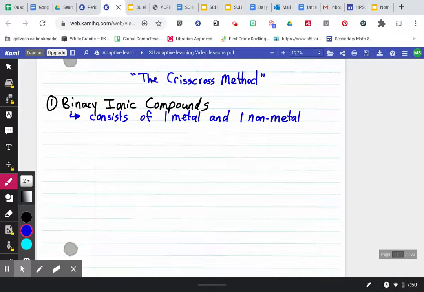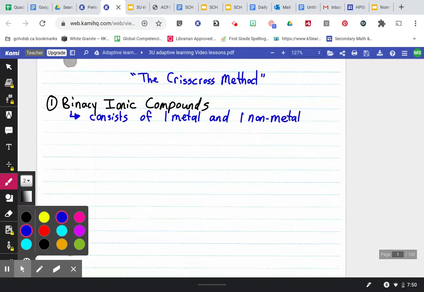In order to understand the chemistry and what is really happening in terms of electron transfer and things like that, you will have to take a look at some other learning materials, or you may have already. But this is just a quick lesson on this crisscross method on how to get a chemical formula from a name. So we're going to dive right in.